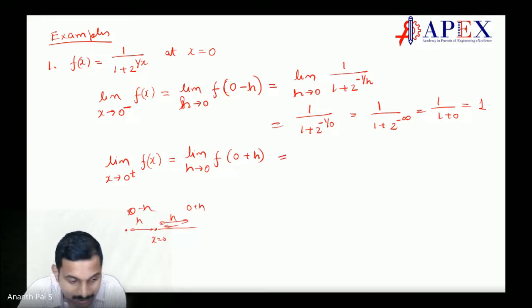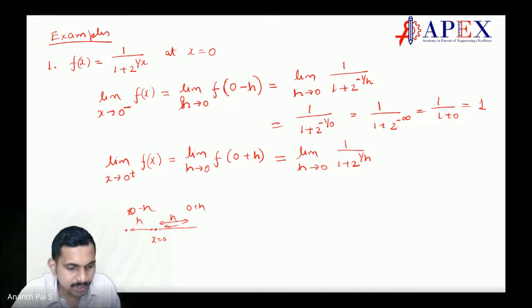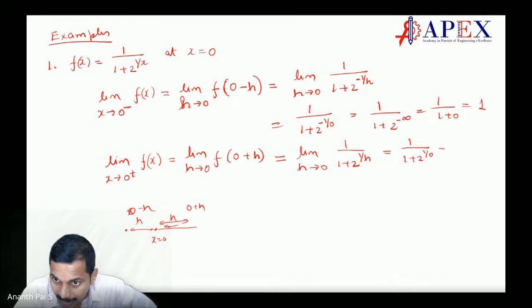So this is equal to limit h tending to 0 of 1 by 1 plus 2 raised to 1 by h. If you put 0 there, it will be 1 by 1 plus 2 raised to 1 by 0. That goes to infinity, so it is 1 by infinity, which is equal to 0.